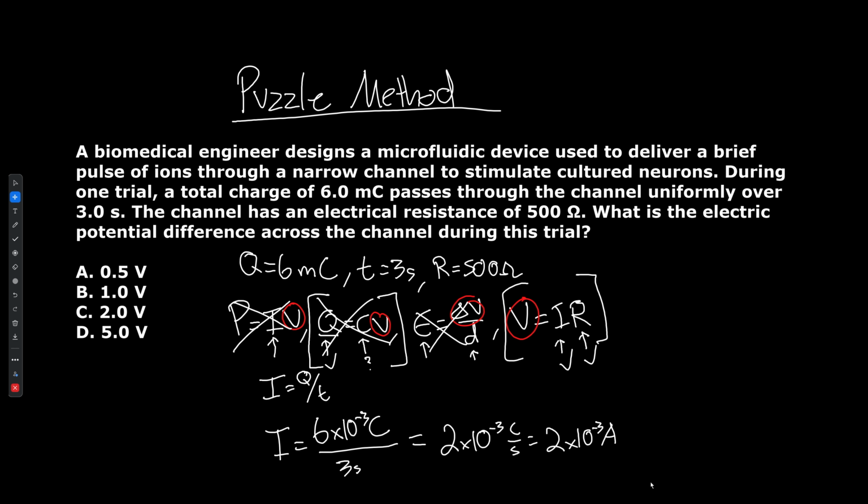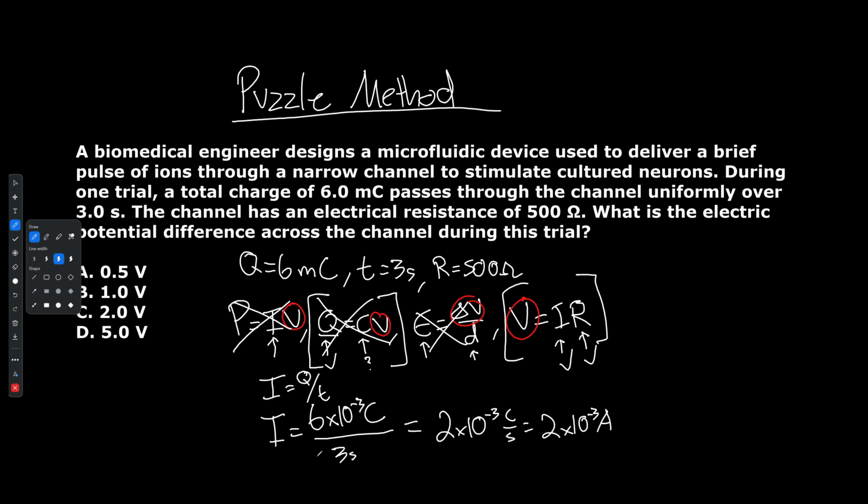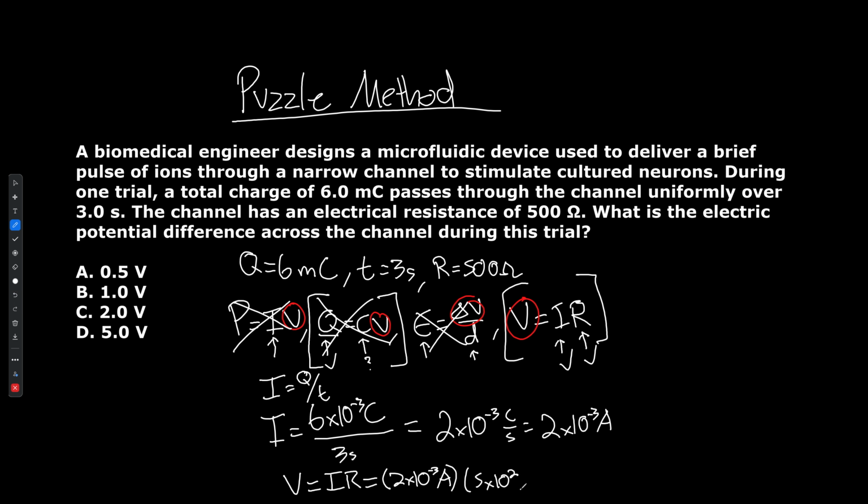So now that we have the number of amps, we can just plug this number into V is equal to IR, which is equal to 2 times 10 to the negative third amps times our resistance, which is 500. I'm going to rewrite that as scientific notation really quickly: 5 times 10 squared ohms. So then just using our scientific notation rules, 2 times 5 is 10.